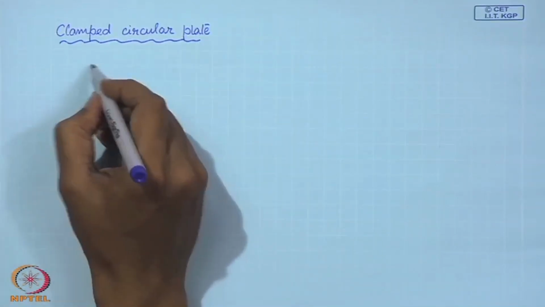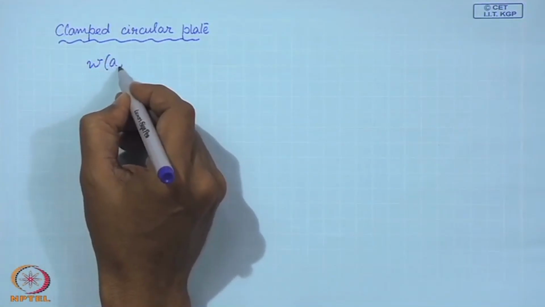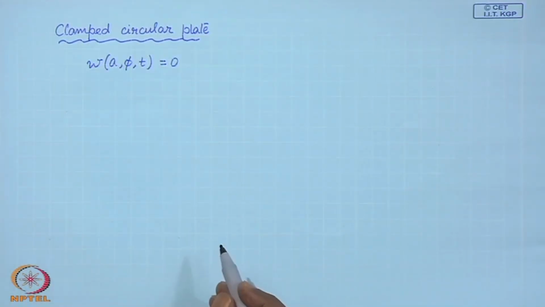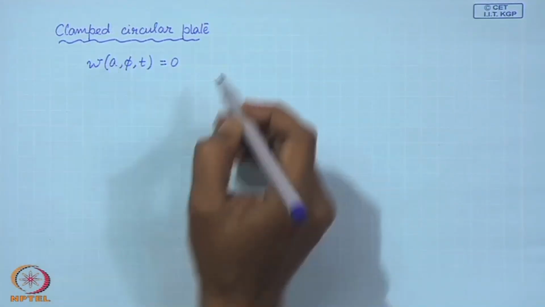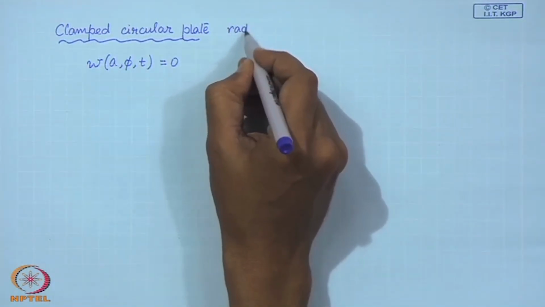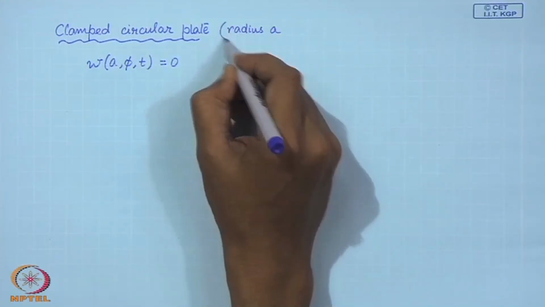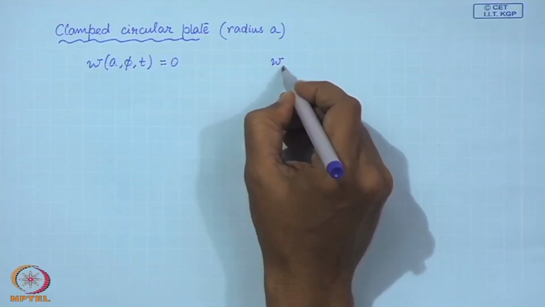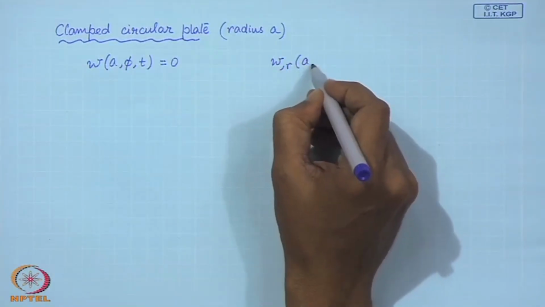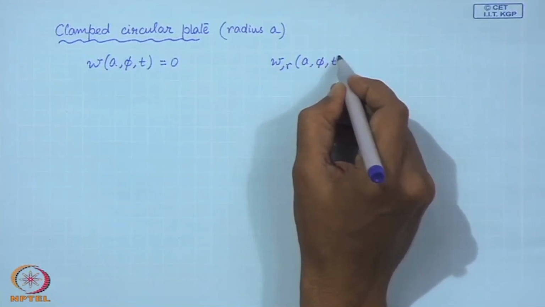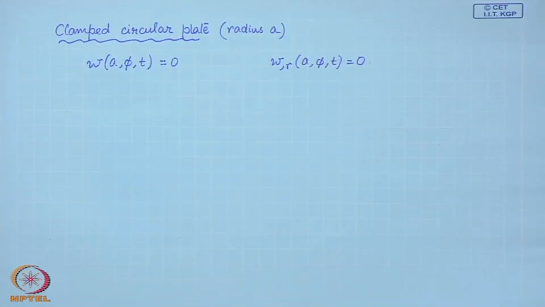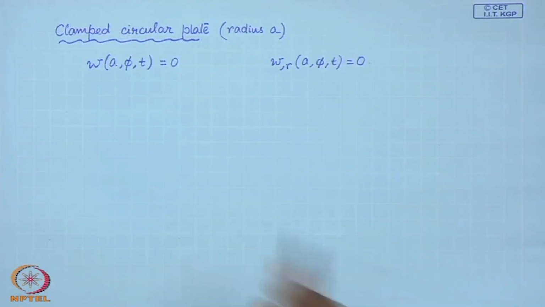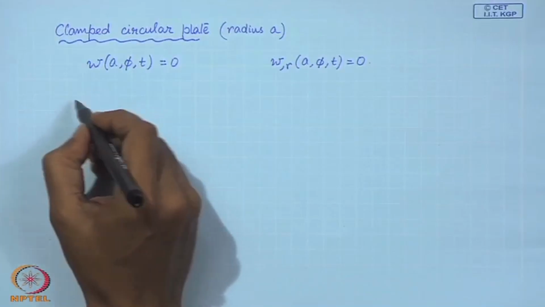So, for the clamped circular plate, the displacement at r equal to a is 0, and the slope is also 0.